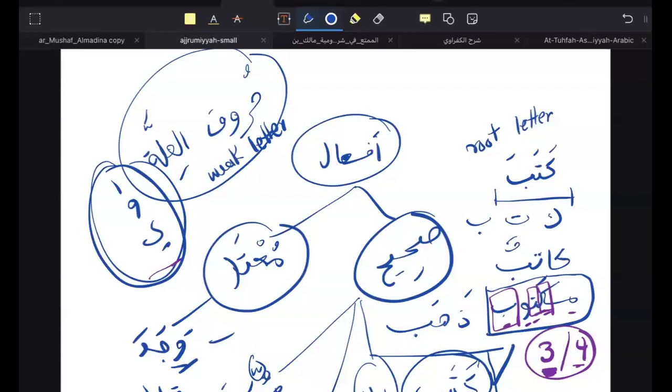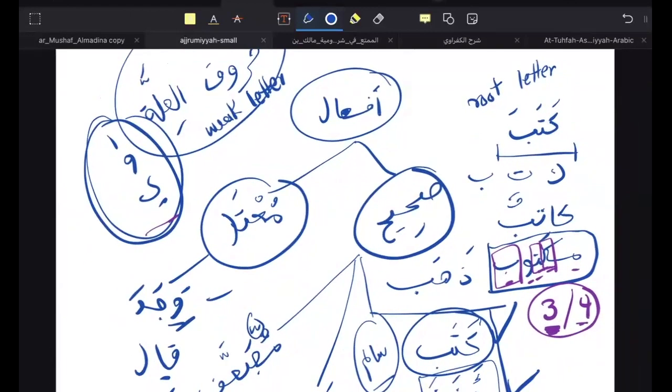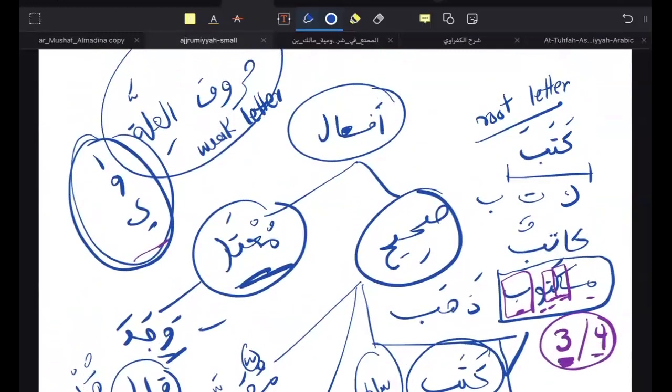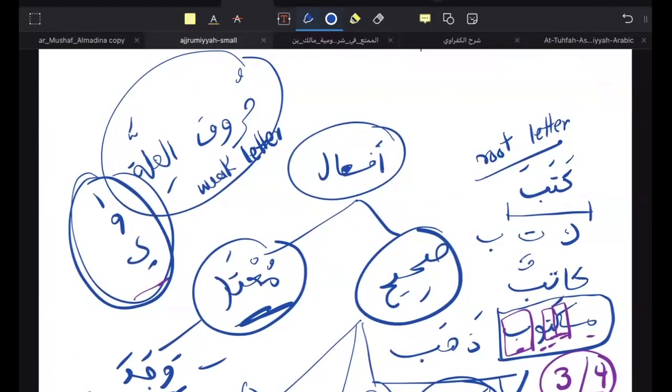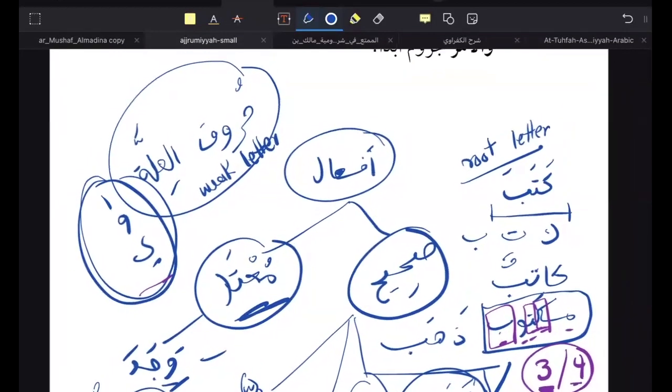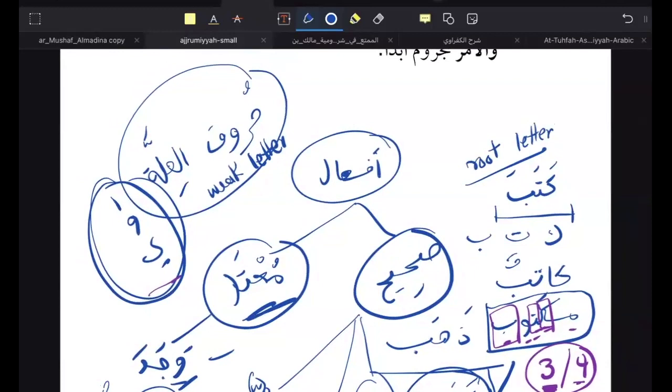But here we will have to deal with something, especially of mu'tal and naqis, because as you will see, there will be an impact on how we identify whether something is majzum or mansub or not. So these things will be important. Fahimtum? So this is the first taqsim that we wanted to know about the fi'l. There are so many other taqsim.